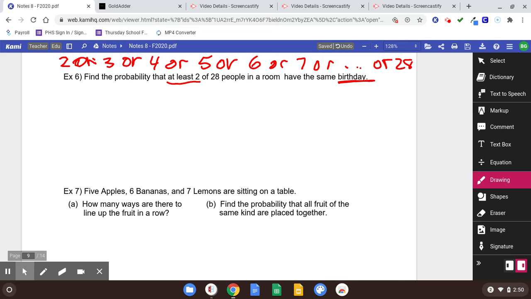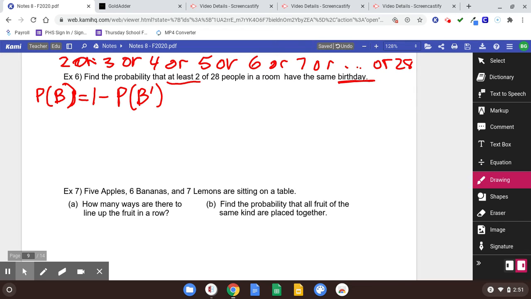Now, you realize that's not very likely, but what ends up happening is when you add up all of those different cases, the probability is a lot higher than what you would think. So what we're going to utilize here is the complement rule that says the probability of B happening, let's call that birthday, equals 1 minus the probability of not birthday.